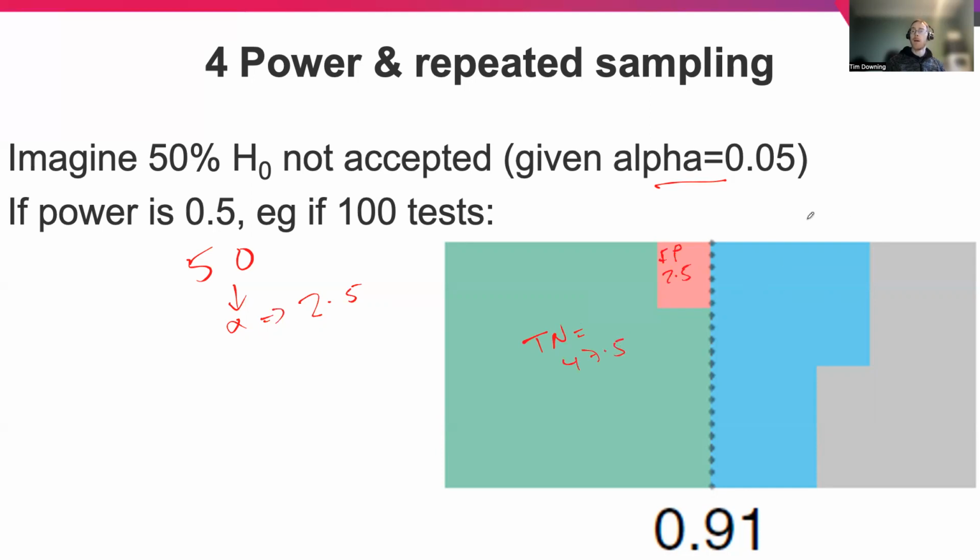And then on the other side, we have this is a function of power. So, oh dear, my pen is a bit wild. We have the other side, so we've got 50 here, and this is related to power. So if our power here is 0.5, that means we've got a 50-50 capacity to detect true effects and ones that are not true.